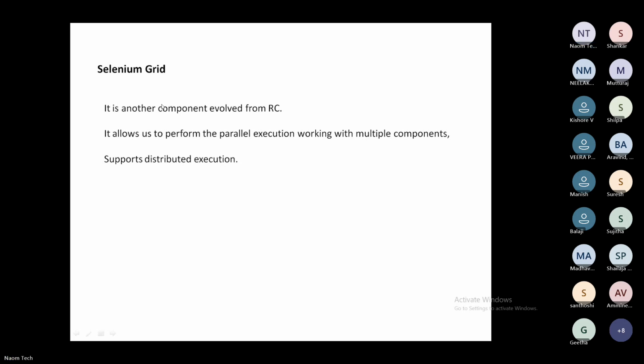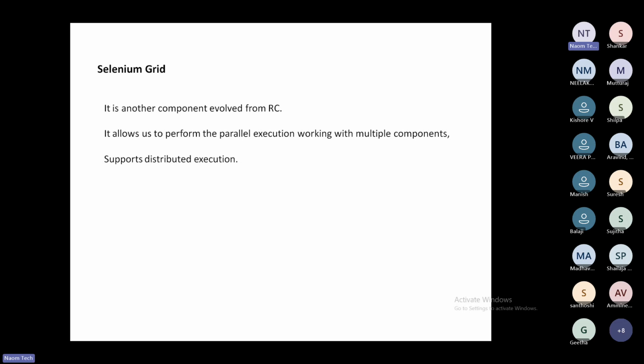Another important thing is Selenium distributed execution. What is that? It supports distributed execution. What do you mean by distributed execution? Suppose you have multiple machines. Instead of executing your automation on one machine, it will distribute it to multiple machines, so that the work is distributed and the load is balanced among these machines.